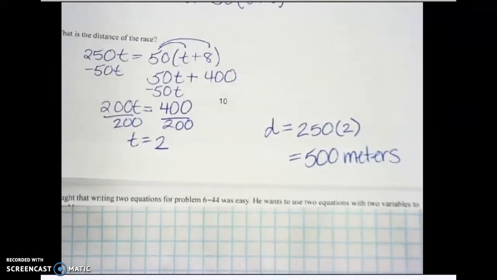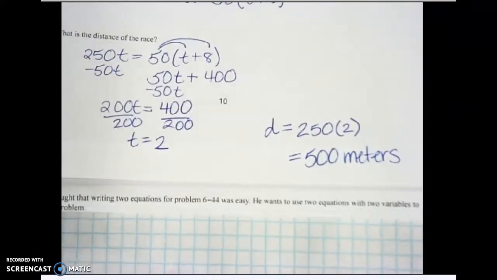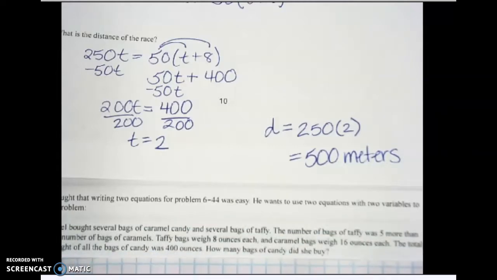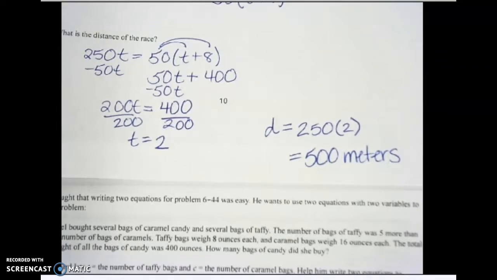There we go. Okay, question 46. Reynard thought that writing 2 equations for problem 44 was easy. He wants to use 2 equations with 2 variables to solve this problem. Ariel bought several bags of caramel candy and several bags of taffy. The number of bags of taffy was 5 more than the number of bags of caramel.